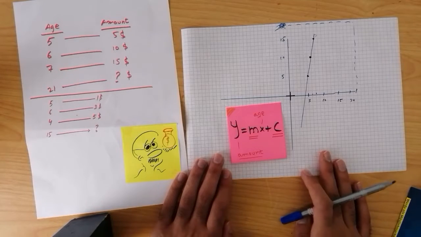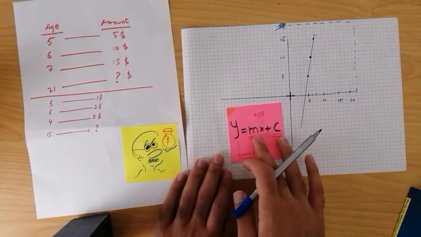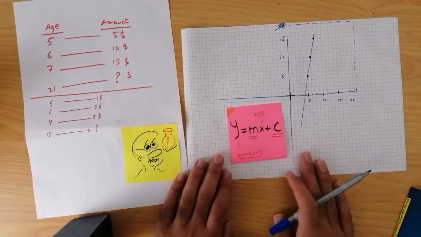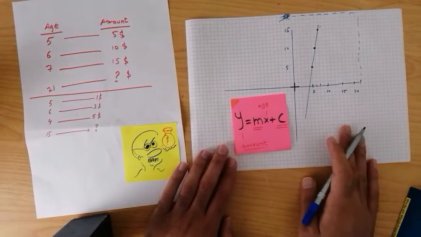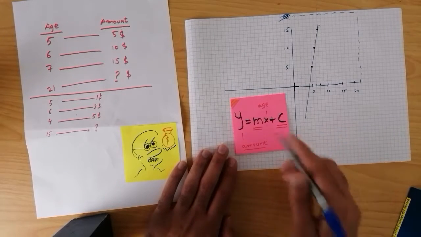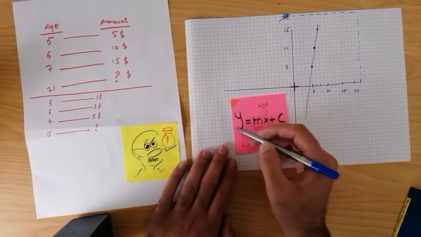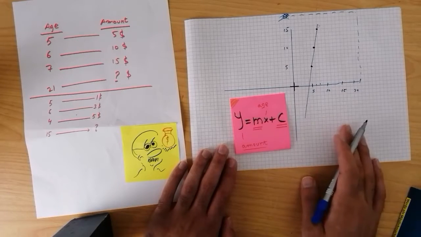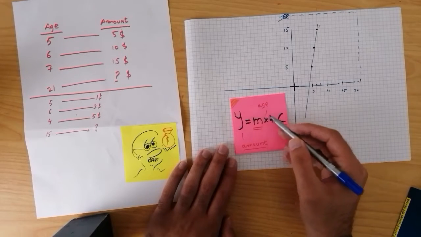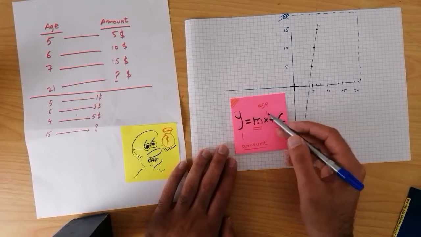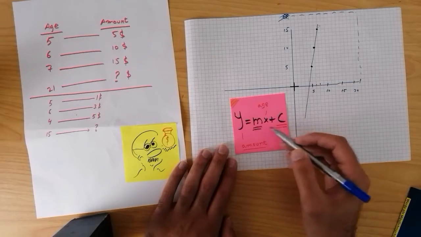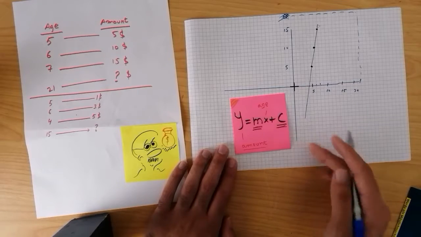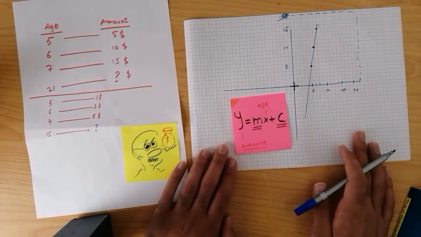So if you see, it says y equal to mx plus c, where in this case the amount of money that John is getting is y, and x is the input, the age of John, and these describe the relationship between age and amount.